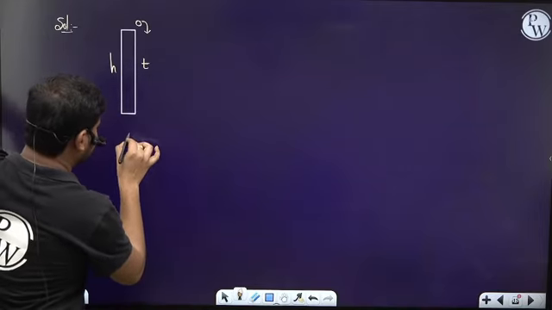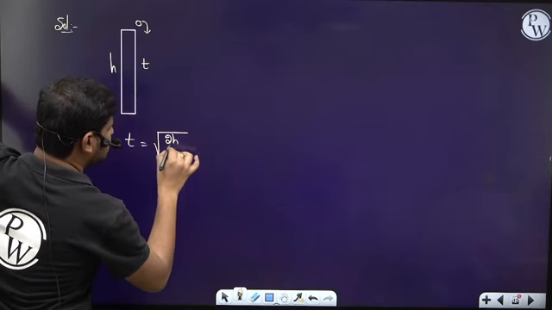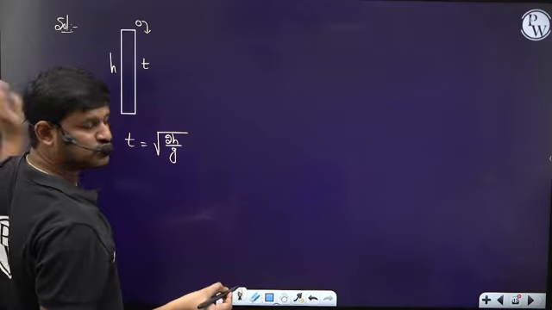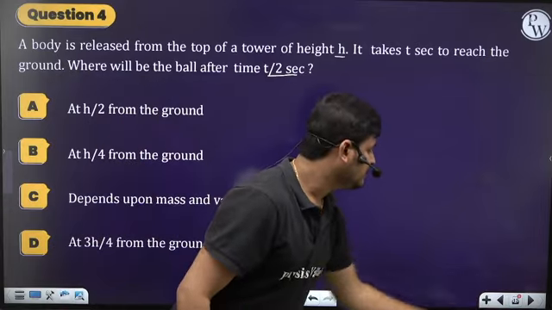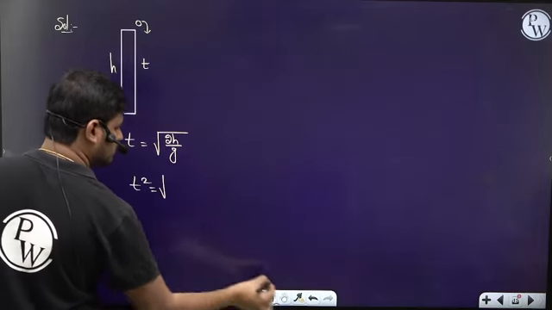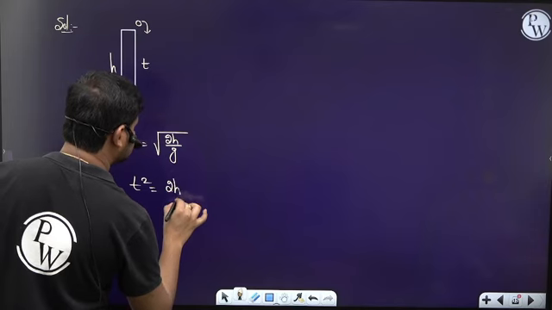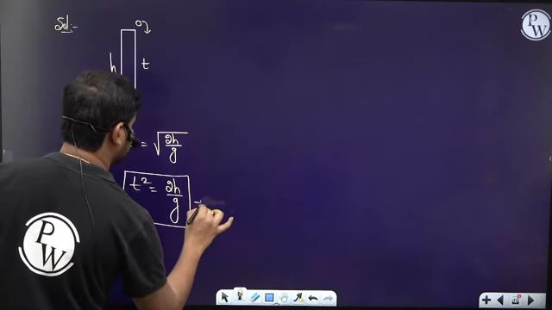In this scenario we know the time taken will be root over 2h by g, because the body is released, which means it is moving under motion under gravity, right? So shall I write here t square is equal to 2h by g, squaring on both sides. So t square is equal to 2h by g. Let it be equation number 1.